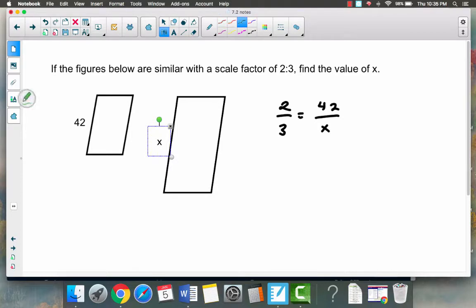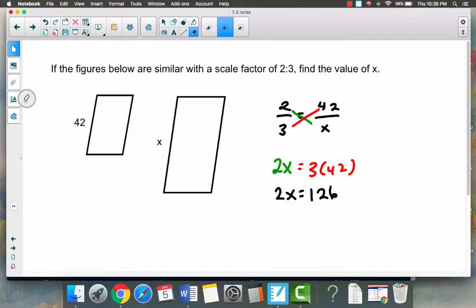We're going to cross multiply. 2 times x is 2x, equals 3 times 42, which is 126. So 2x equals 126, and if we divide by 2, we get that x is equal to 63.